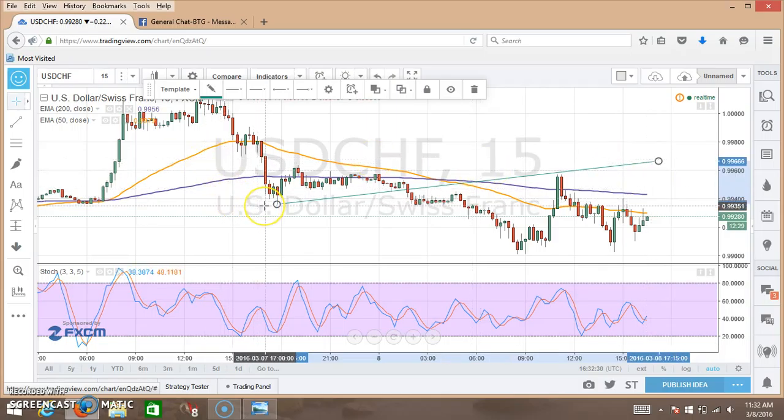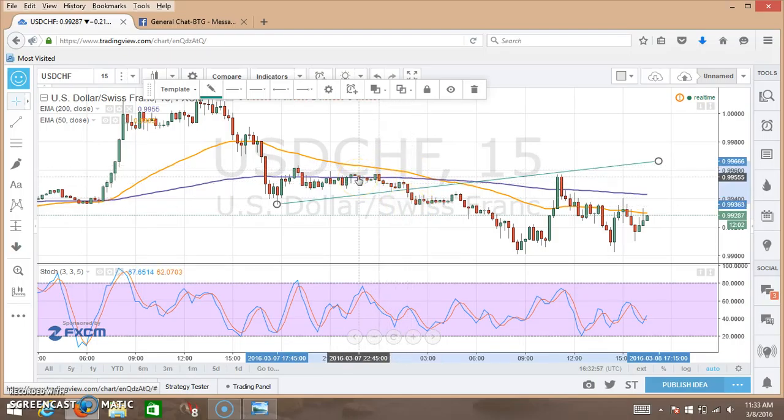So I started looking here when it was kind of consolidating around this 200 moving average. On this little touch here, that's when I drew my trend line, because what I was expecting or hoping to see was a nice little pop off of it and a bounce above this 200. But as luck would have it, the price tanked down below.